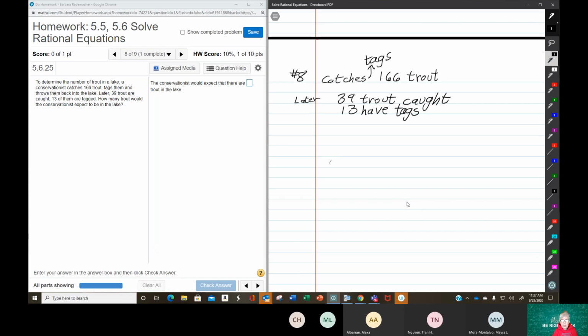How many trout would the conservationist expect to be in the lake?